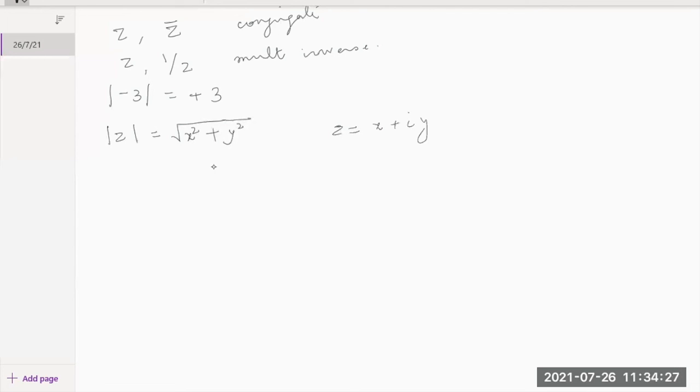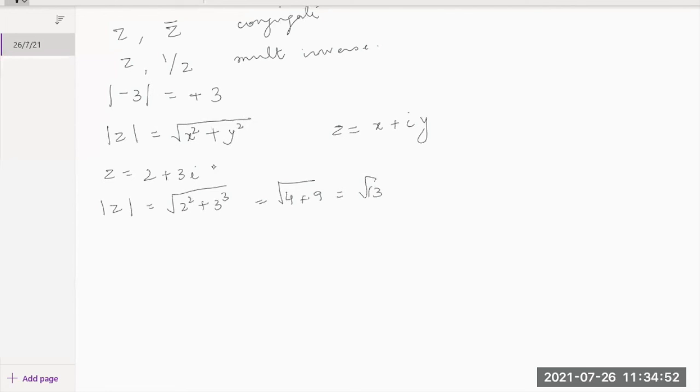Now mod z, supposing I had my z as 2 plus 3i. Mod z now would be under root of 2 square plus 3 square, that is under root of 4 plus 9, giving you under root of 13.